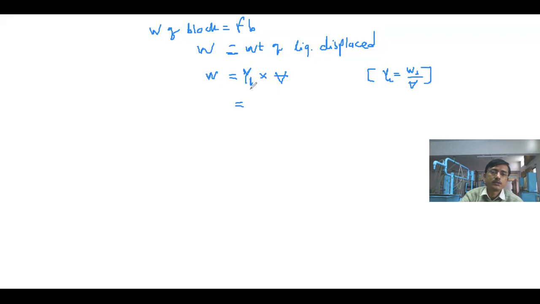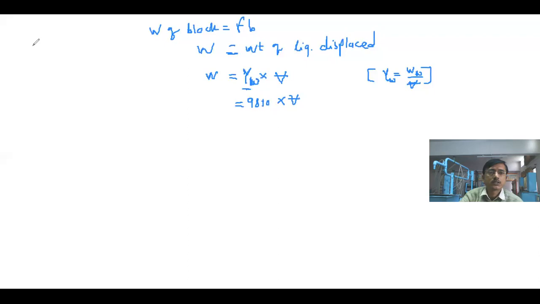So here gamma L is given; it is actually gamma W. So gamma W is equal to W_W upon V. So it will be 9810 into this.